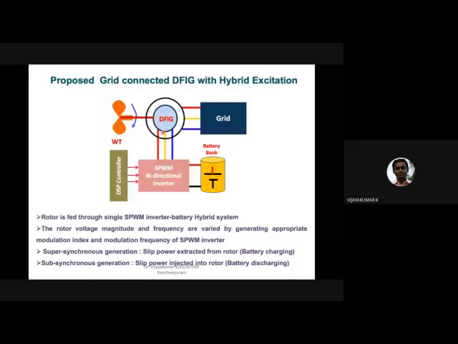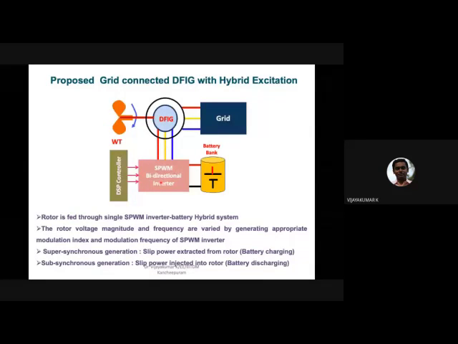Whenever power is available at the rotor, the converter extracts the power and sends it to the battery for charging. Whenever excess power is available, it can be used for charging the battery. Whenever we have deficient power, the battery can be discharged and injected to the rotor, right?